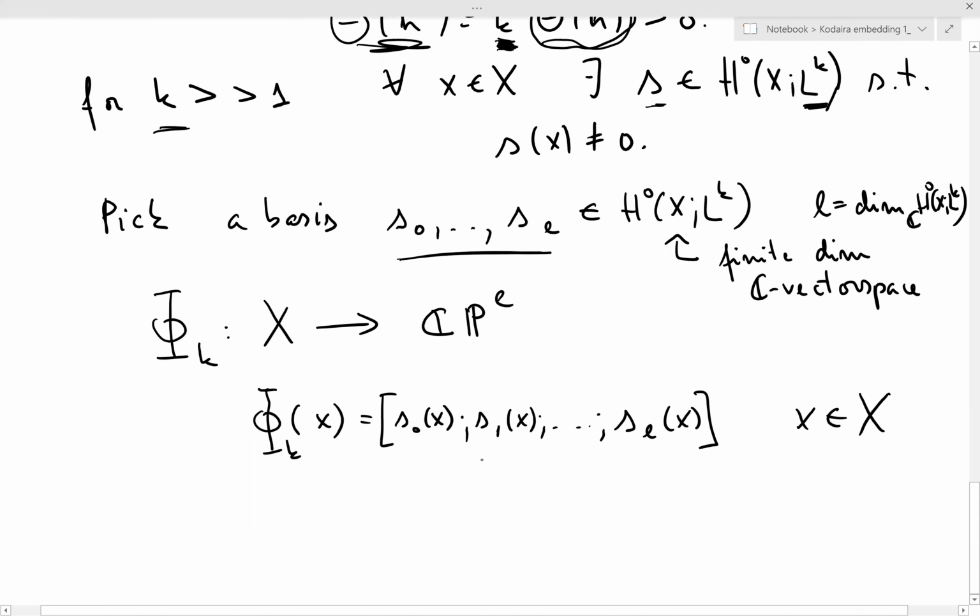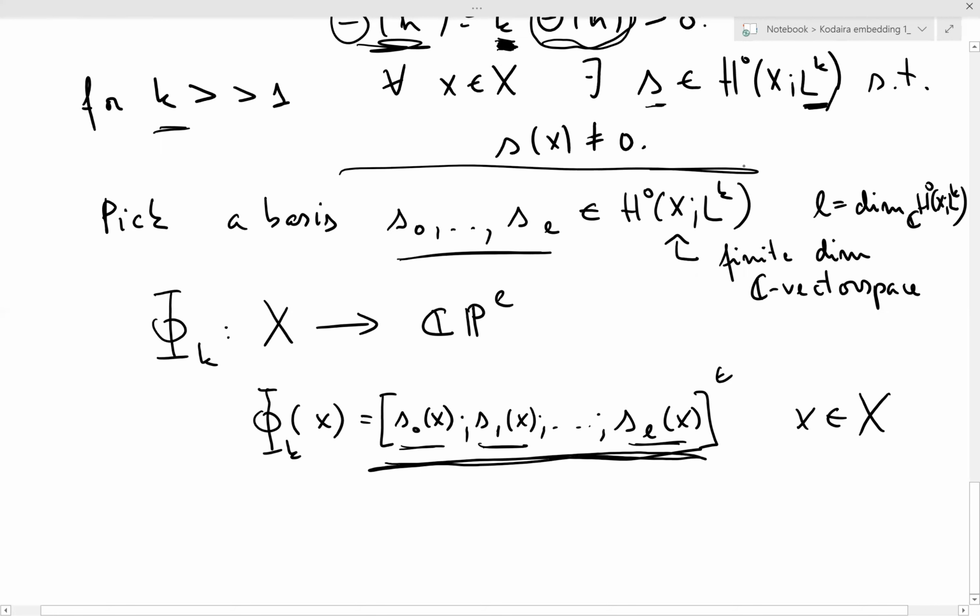Okay, so there is something to verify here, right? First of all, how do you interpret this? Certainly, you can think of all the entries here as numbers, right? You know that one of them has to be non-vanishing because of this property here. So then this will be in CPL. But the question is, how do you interpret these entries as numbers?